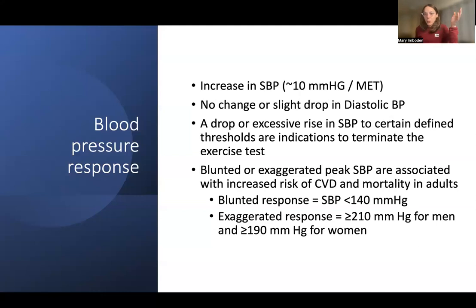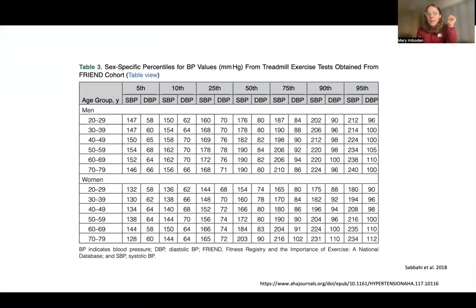Remember, I was showing you the normative data that's out there, and I think actually on this next slide, yeah, this is blood pressure normative data, and new research is evolving, thinking about the blunted response being the 10th percentile for your age group, an exaggerated response being the 90th percentile for age group, and how these age-specific numbers are a more accurate reflection of risk.